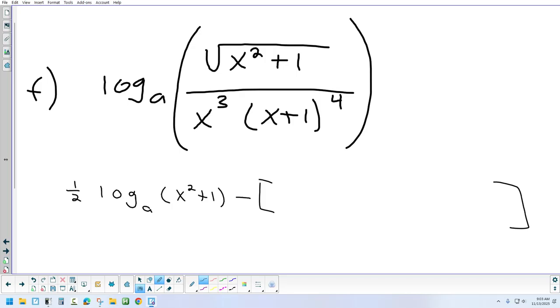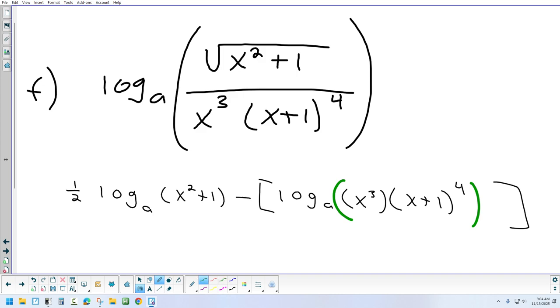And now the bottom is like its own separate problem. We'll do it in 2 steps. Log base A, x cubed times x plus 1 to the 4th. Okay, and just to be clear, all of that is part of my log.